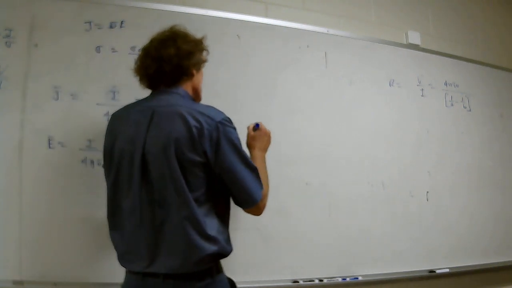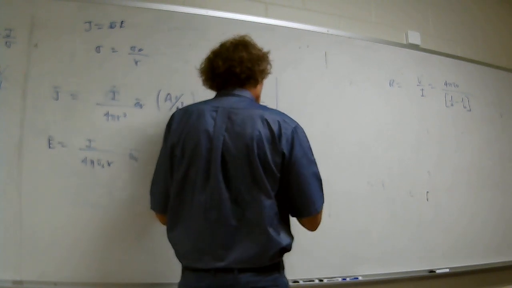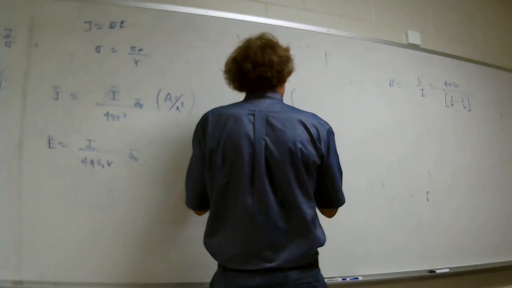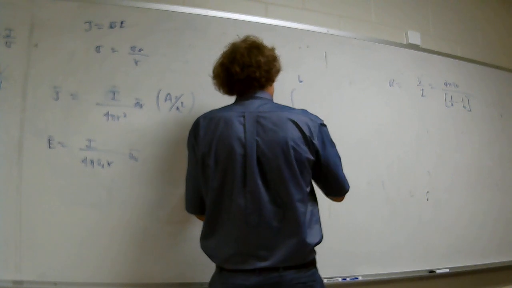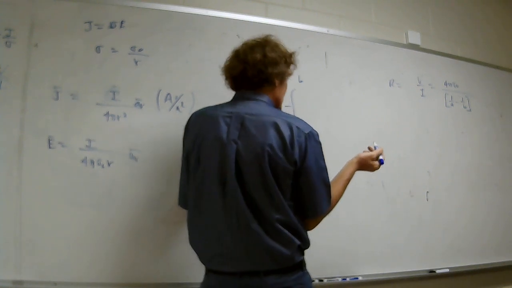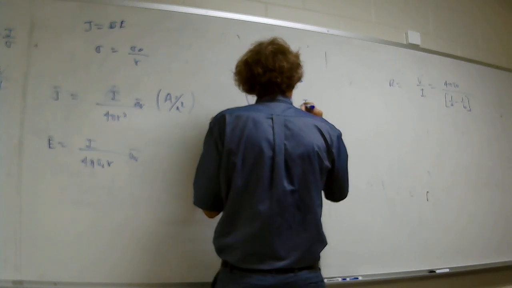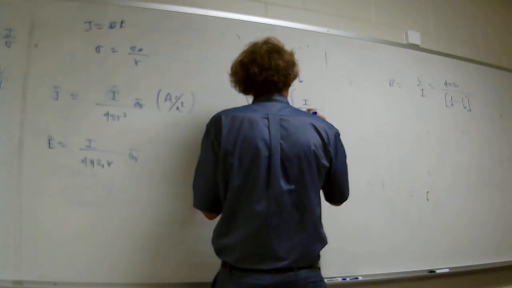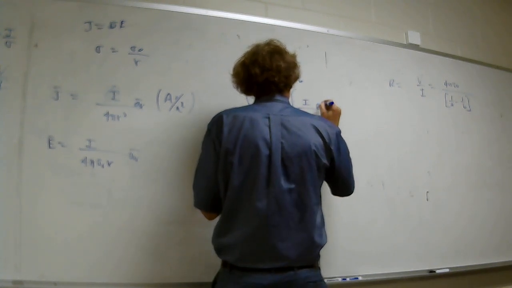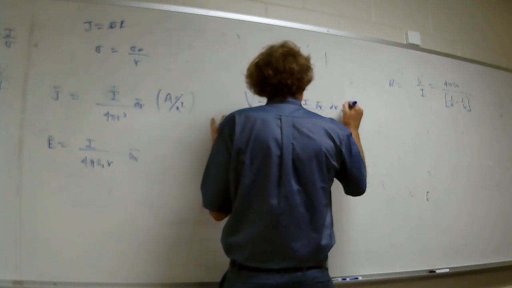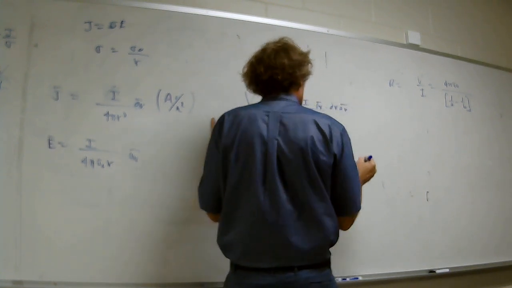Now I got to get the voltage. What's the voltage going to be? Do a magnitude. It's the integral from A to B. Technically, if you go like this, put a minus sign there. And it's equal to the integral of I over 4 pi r, a_r dot dr a_r. I'm not going to do the whole differential there.